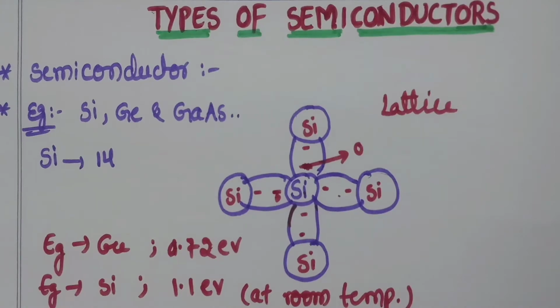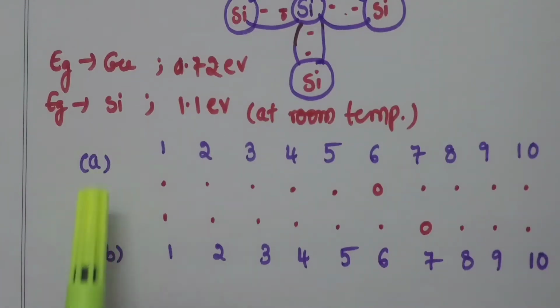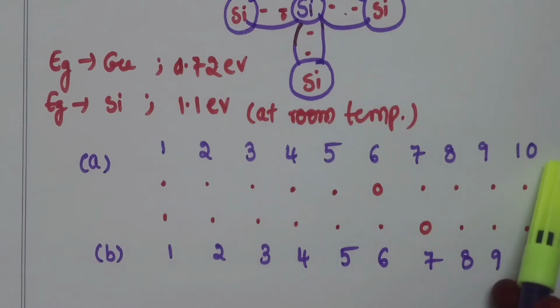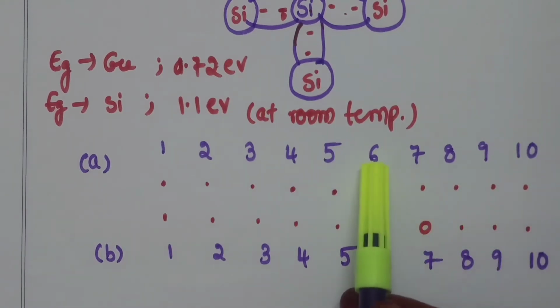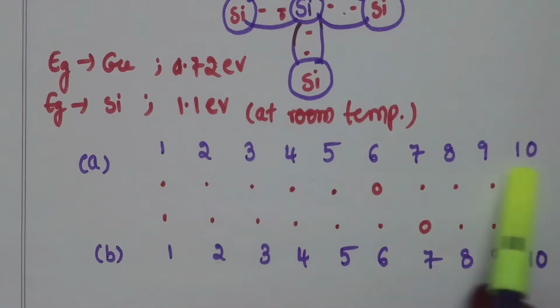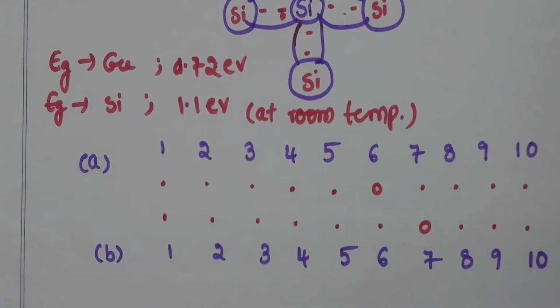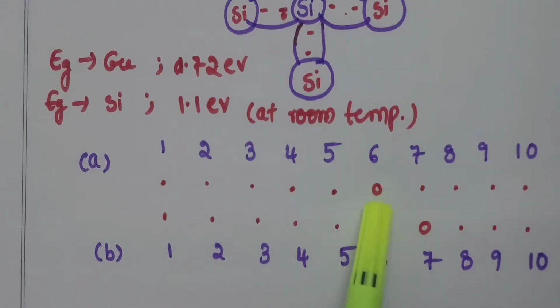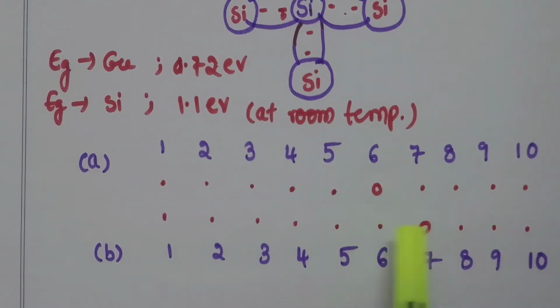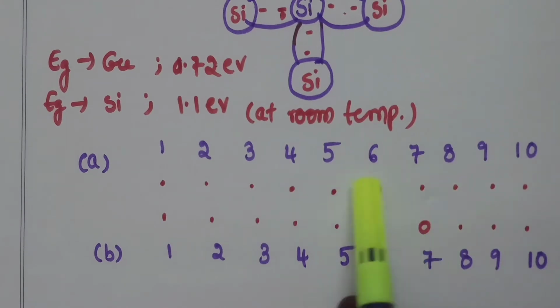To explain this, let us consider one example. In a row, say there are 10 ions, 1 to 10. Except for 6, all the covalent bonds of the ions are intact. The ion 6 has a covalent bond broken. Means there is a valence electron going away from the 6th position, so there is a vacancy here. Now imagine that an electron from ion 7 moves into the hole at ion 6. Then it leaves a hole in the 7th position and fills up the hole at the 6th position.